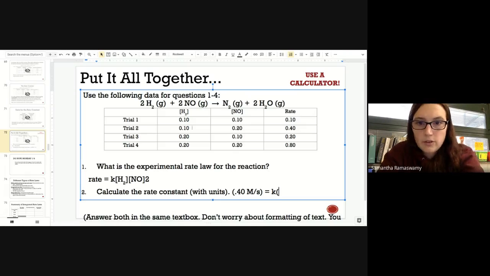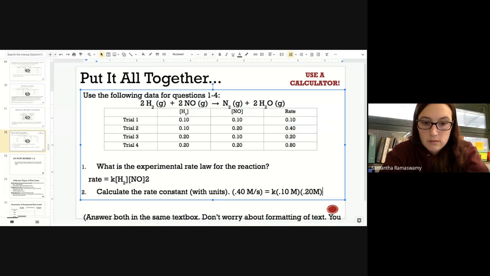So if I'm looking at trial 2, I'm going to put in 0.1 molar times the concentration of NO squared. So for trial 2, that was 0.2 molar, squared.